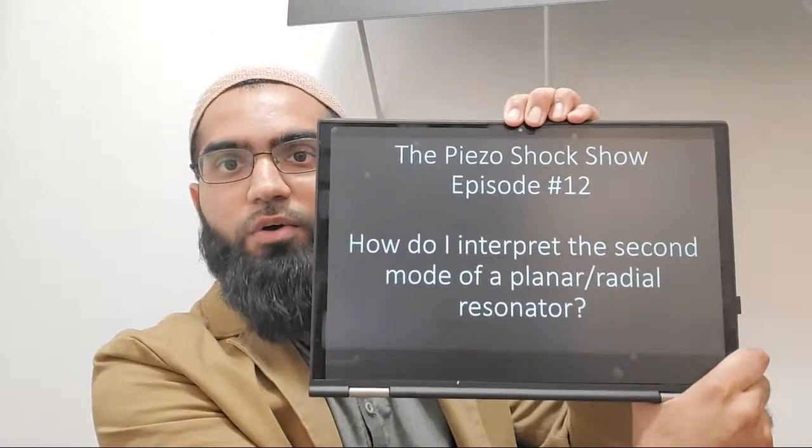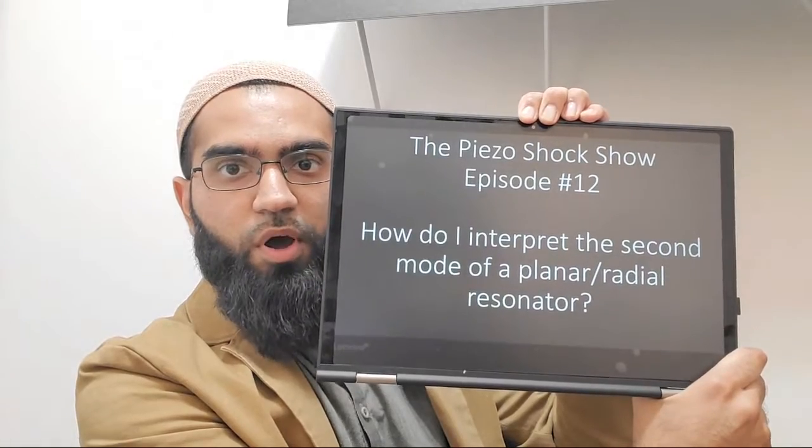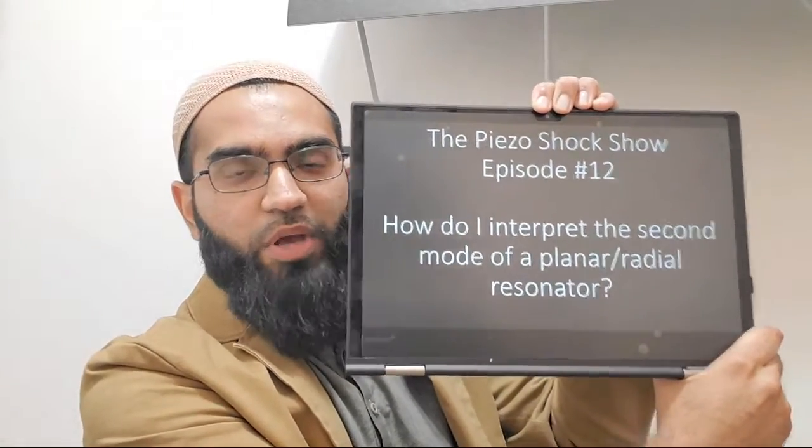So today's question is, how do I interpret the second mode of a planar radial resonator? I'll nuance this, and the person asking the question was asking something very specific for their scenario, and I will get into that in tomorrow's video.